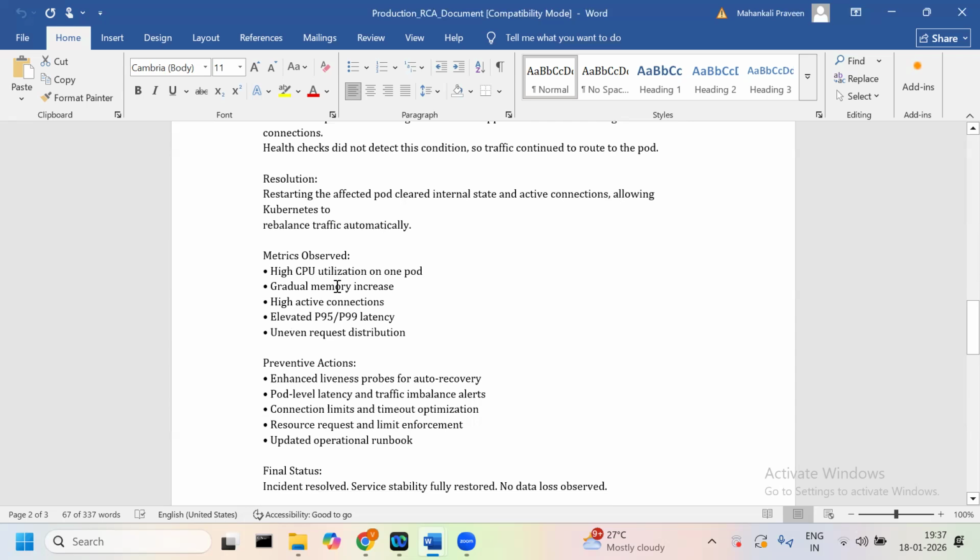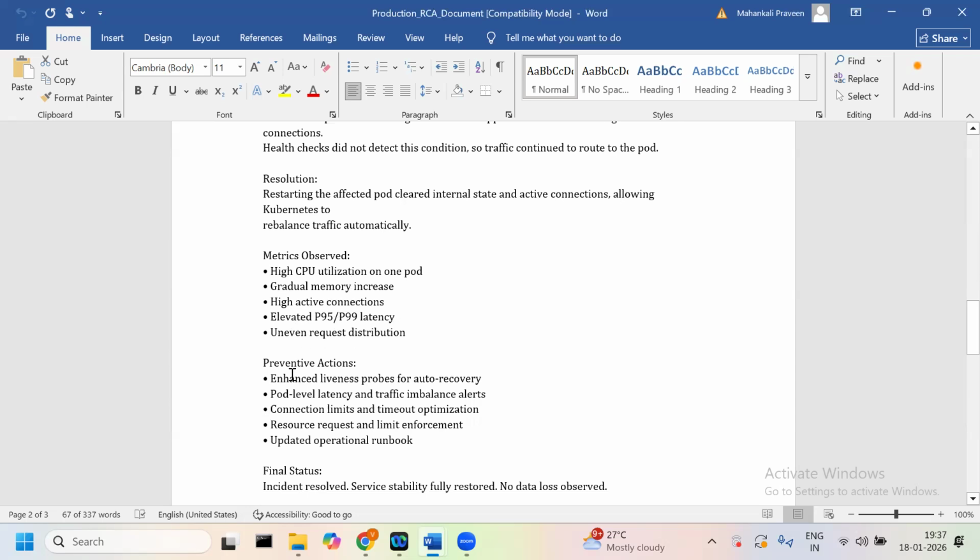High CPU utilization on one pod, gradual memory increase, high active connections, elevated P95 and P99 latency, and uneven traffic distribution. These are all the metrics we observed.